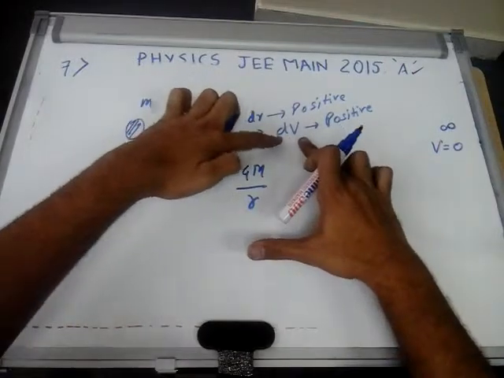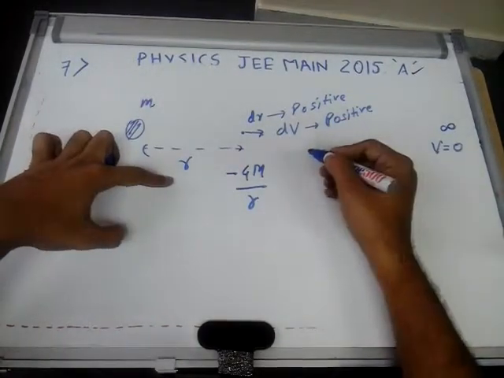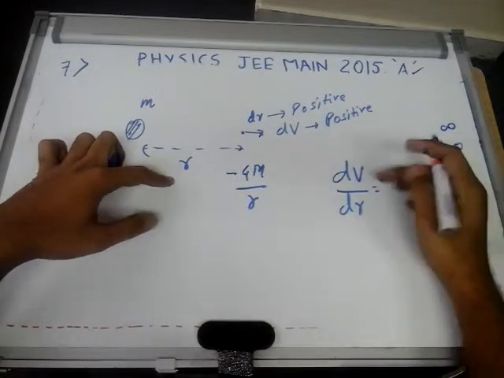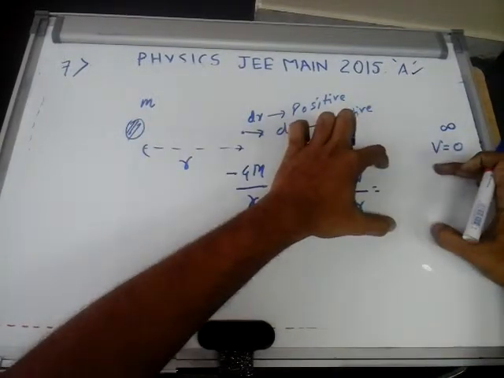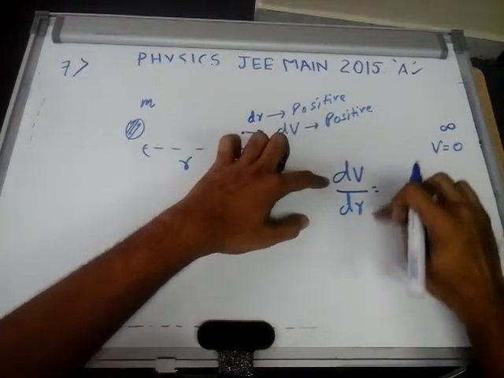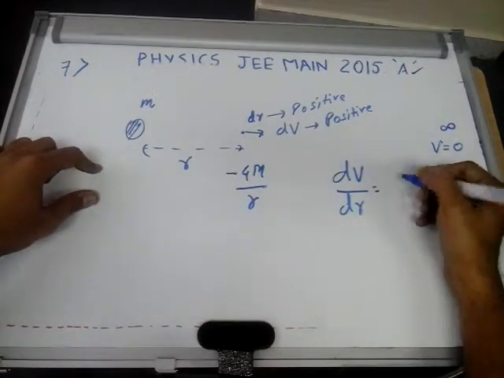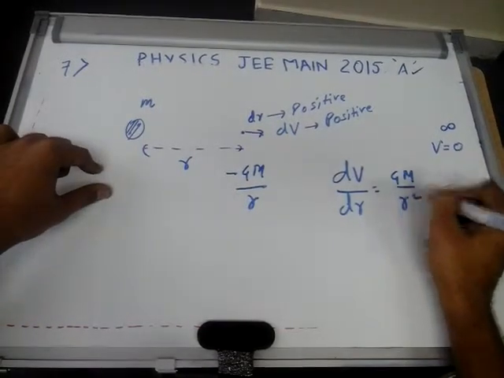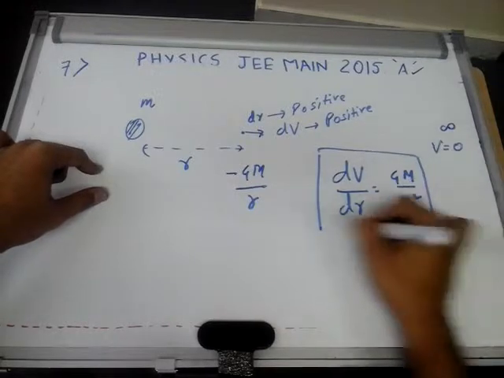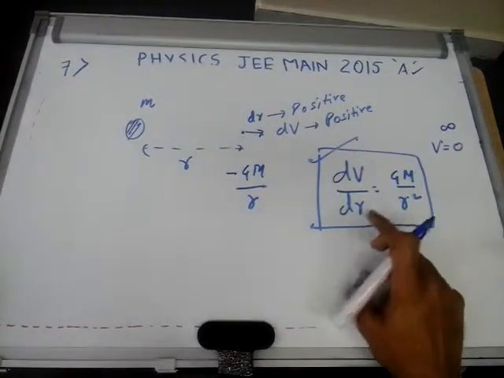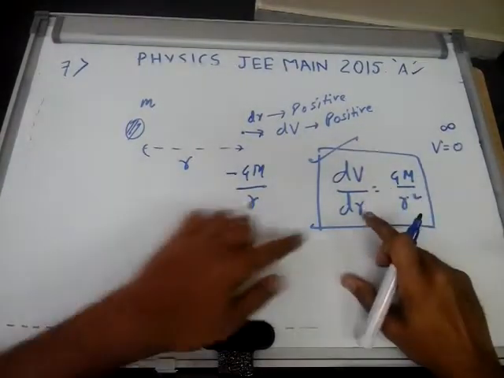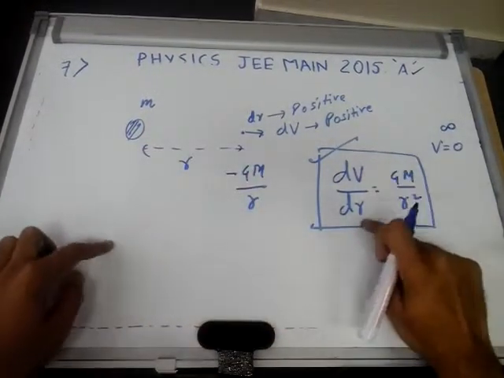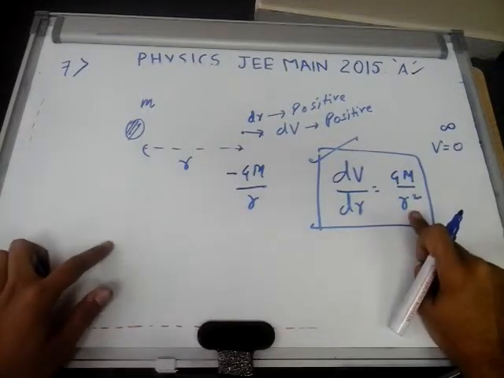So I can write dV by dr is equal to a positive value, and we know that the potential gradient is equal to gravitational field. Gravitational field magnitude is GM by r square. So this is the basic formula. The variation of potential with distance r is given by dV by dr is equal to GM by r square.